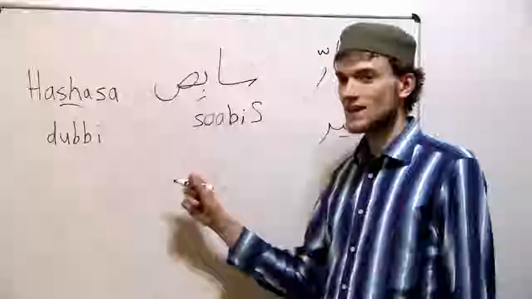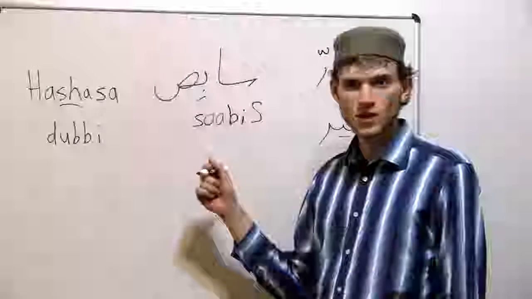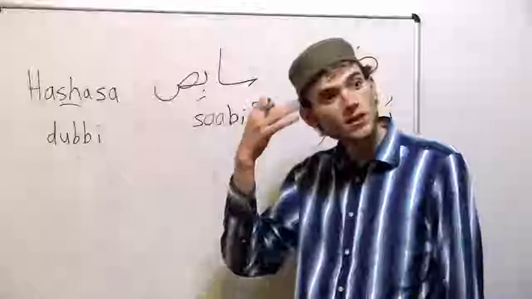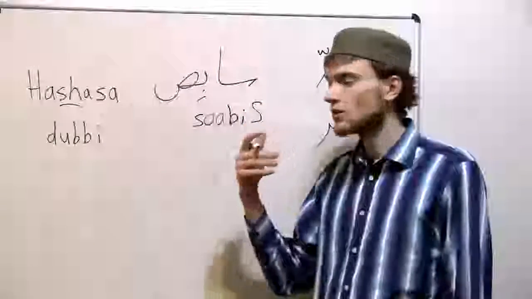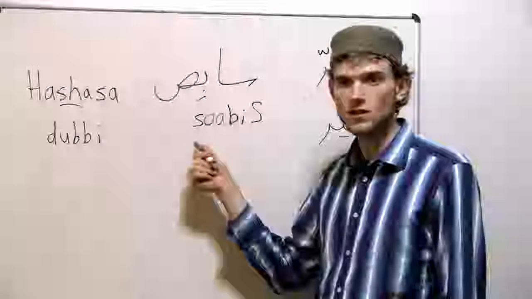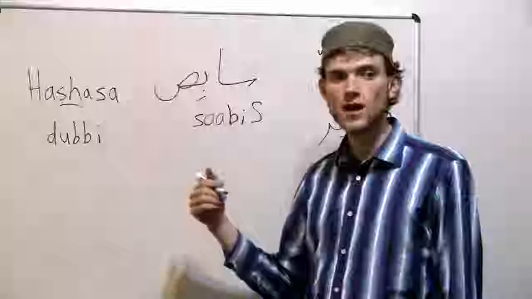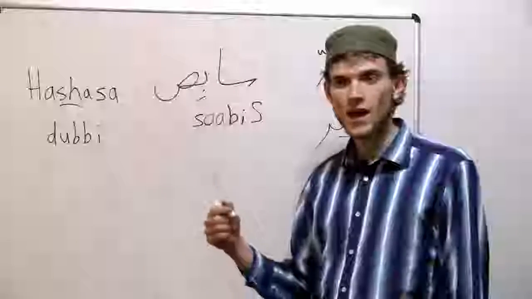So the first one is S, second one S. It's kind of tricky to hear for now, but we still need to pay attention to that. But this one is a stronger sound than the one at the beginning. So everyone listen, sabis.